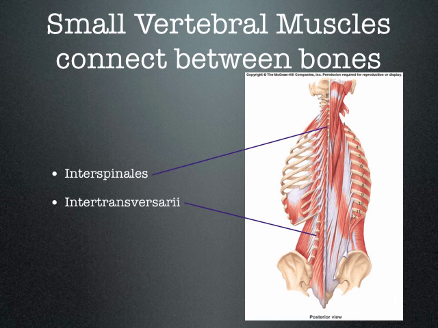I've got a transverse process on both sides of the vertebra, don't I? So I've got double the amount of muscles, don't I? I've got 50 little intertransversarii muscles. So now I'm up to 75 of these little muscles clustered around the vertebral column. Okay?